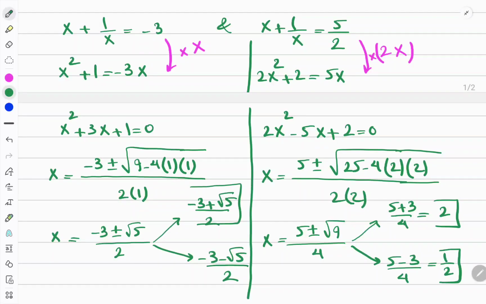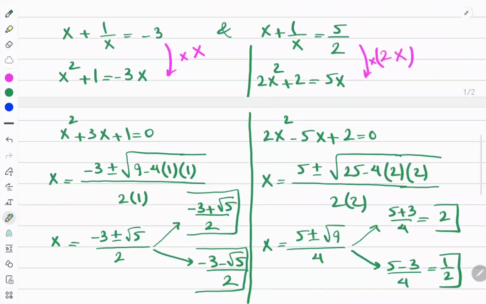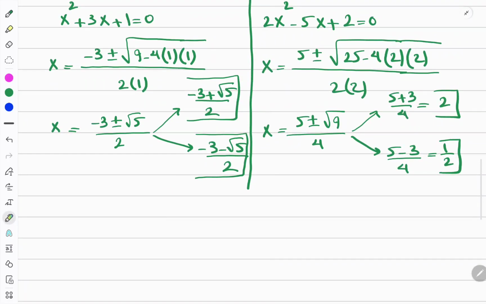Okay. So you can see we have 4 roots and 4 values for x. And we were looking for the largest root. So let's compare these x's. This is a negative number because we have negative plus negative, which is negative over a positive number.